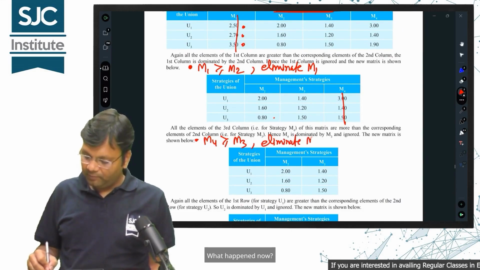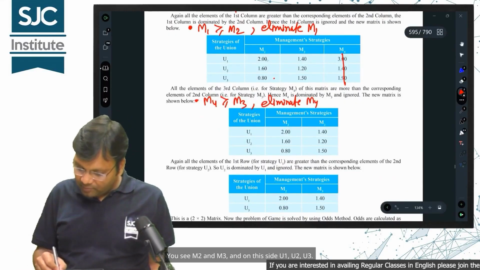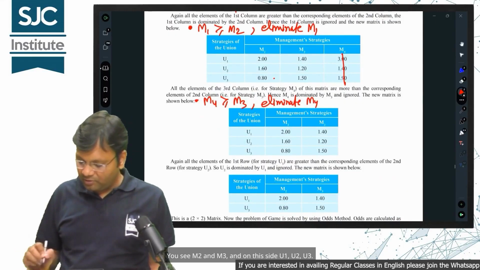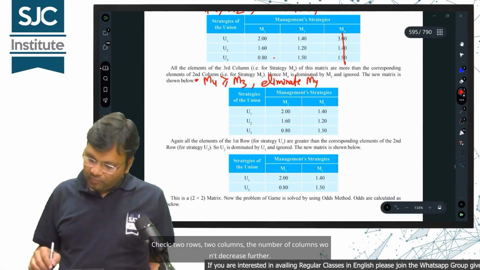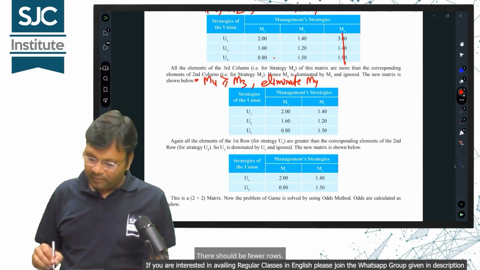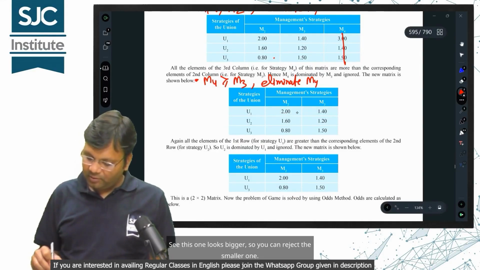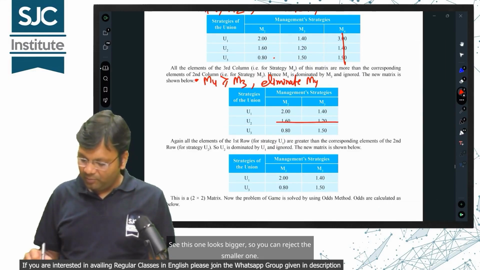What happened now? This kind of matrix has come up. You see M2 and M3, and on this side U1, U2, U3. Check 2 rows, 2 columns, the number of columns won't decrease further. There should be fewer rows. Here, this one looks bigger, and so does this one. See, this one looks bigger, so you can reject the smaller one.